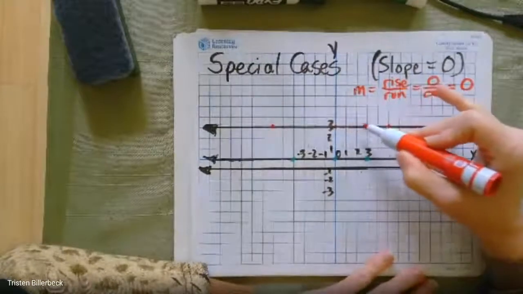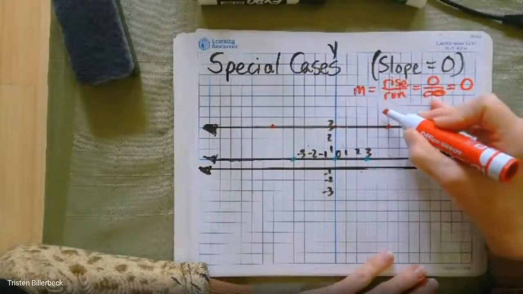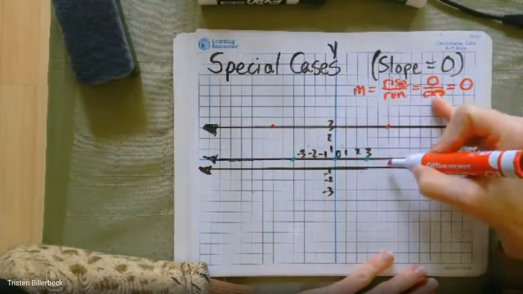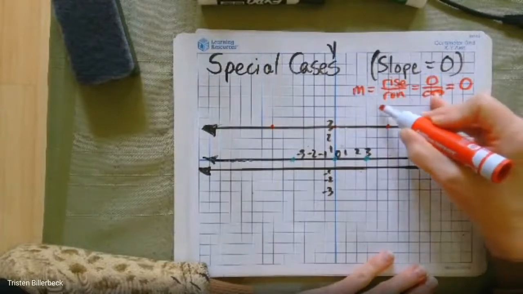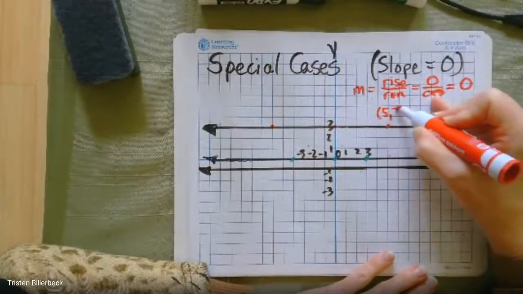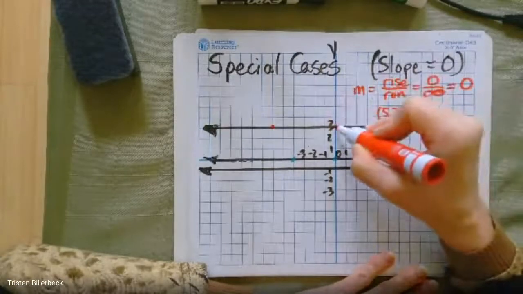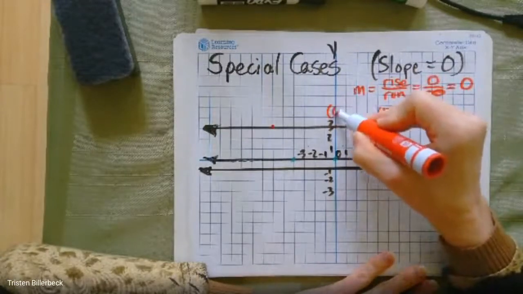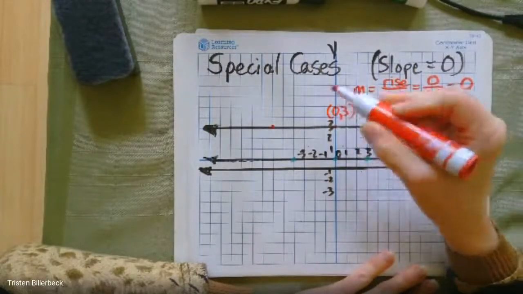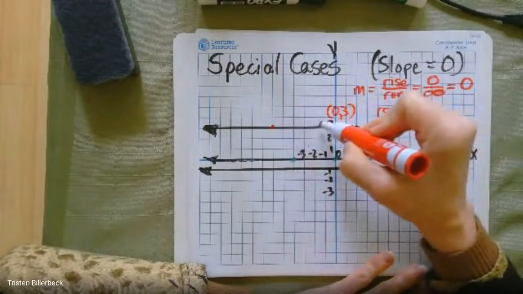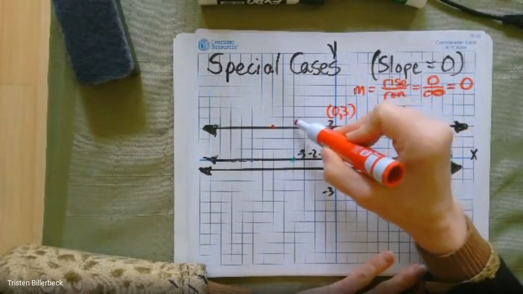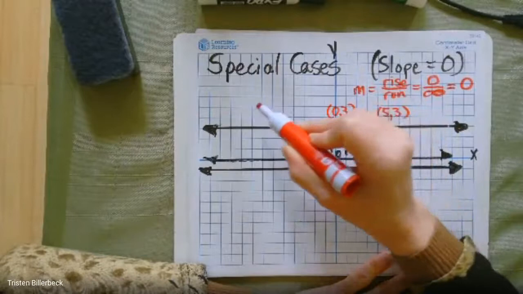So we have 1, 2, 3, 4, 5. So this point here is 5, 3. And right here we have 0, 3. And here we have 1, -1, -2, -3, -4, -5, -6.